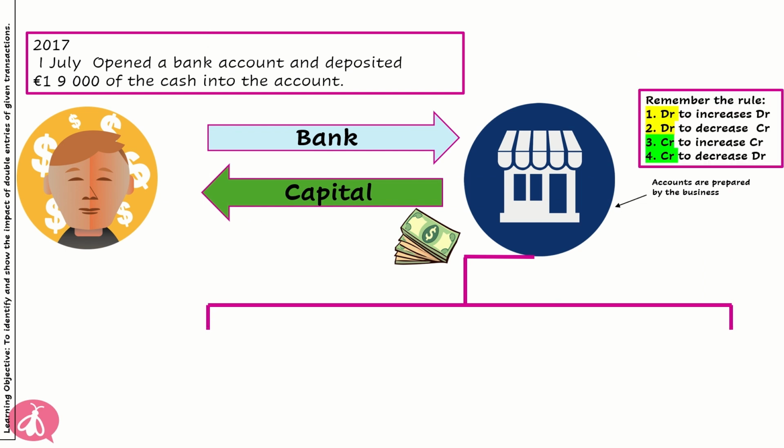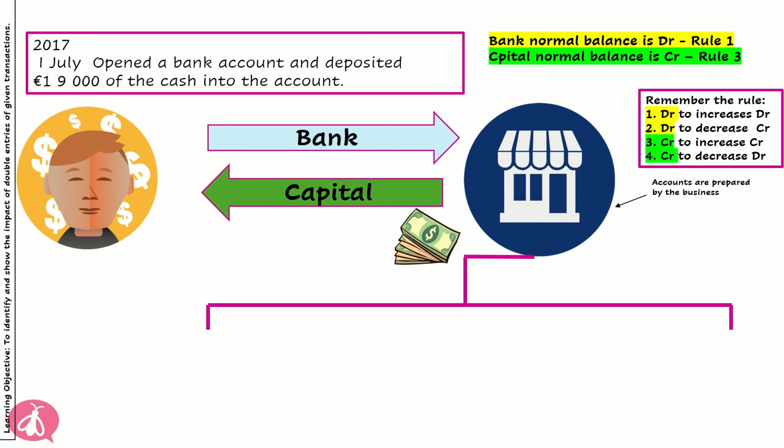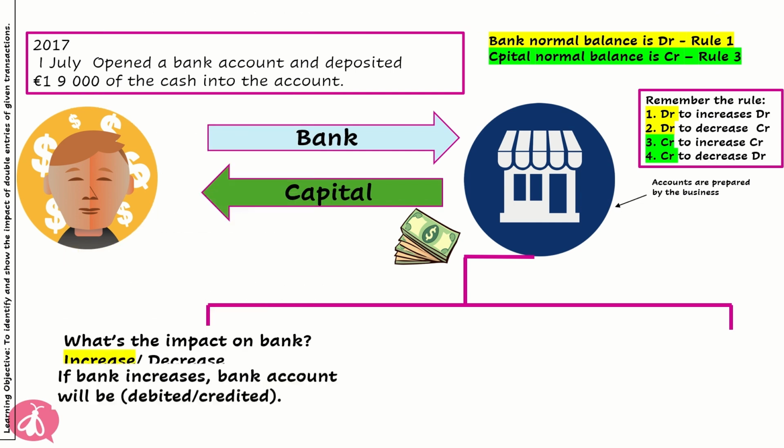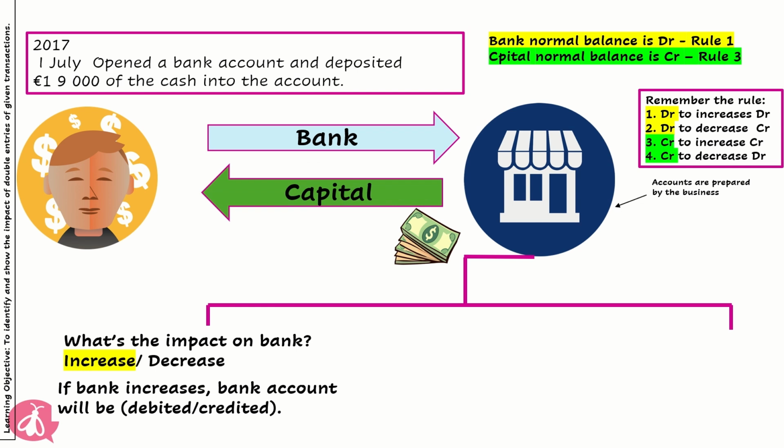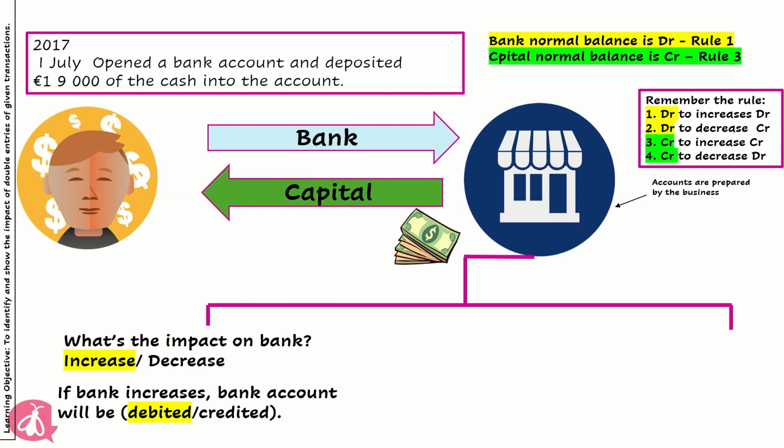Remember the rule. Here we apply rule number 1 and 3. What's the impact on bank? Increase or decrease? Increase. If bank increases, bank account will be debited or credited? Debited. What's the impact on capital?